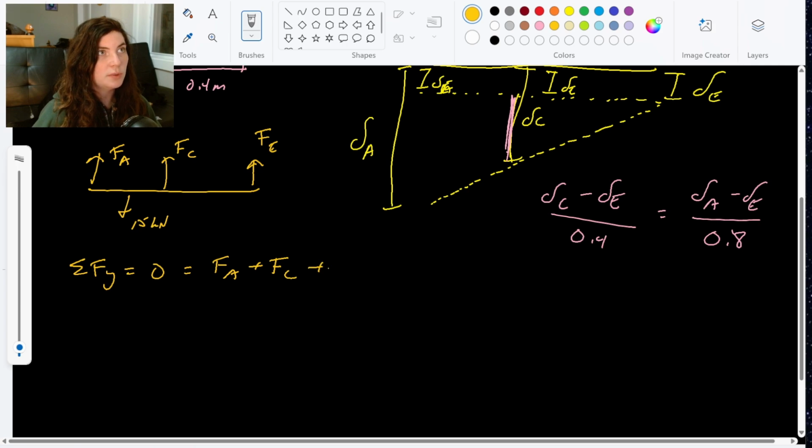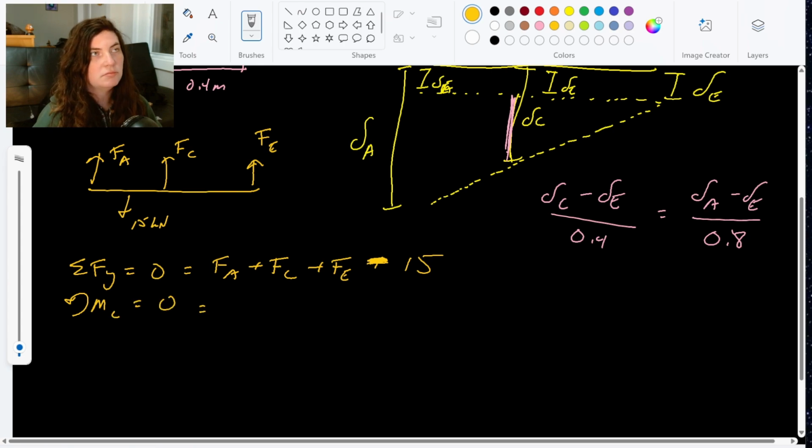It's the A force plus the C force plus the E force, minus the 15 kilonewtons. And then we can also take a moment equation. You can take this moment wherever you like.